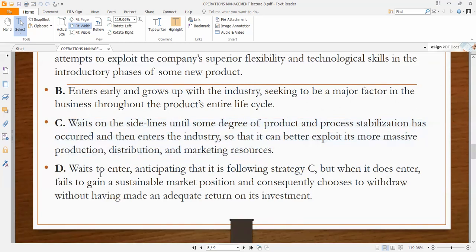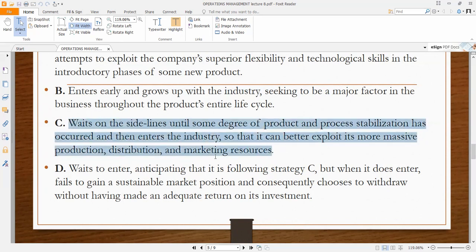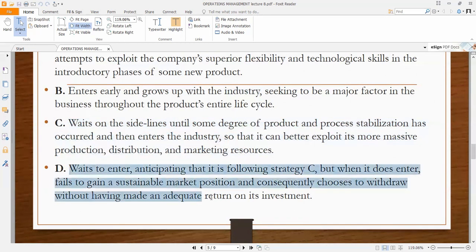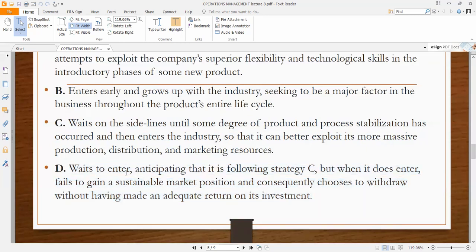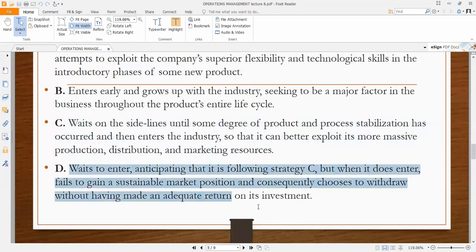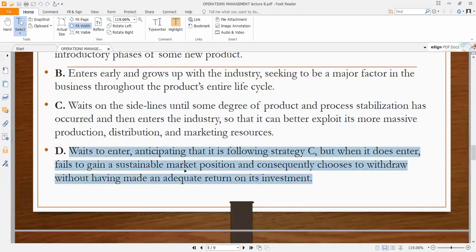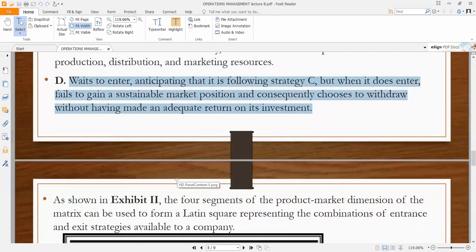So D is adding on to say when you enter after doing C, when you wait, you find that by the time you enter the market, more producers will have exploited some opportunities, and you'll be left with nothing. As you enter the business, you may actually leave earlier than you entered, and as a result, you may fail to achieve your objective.